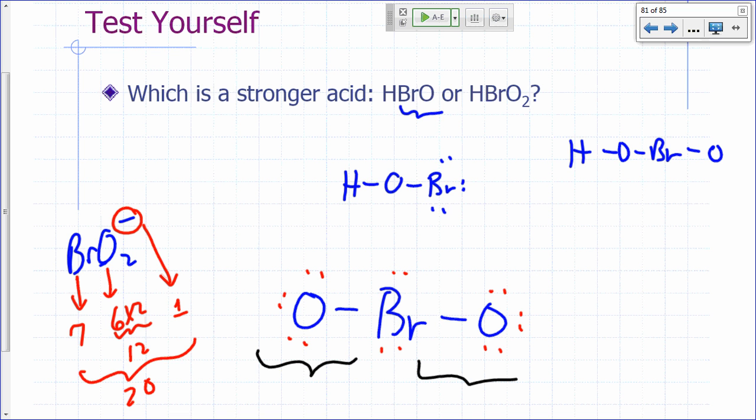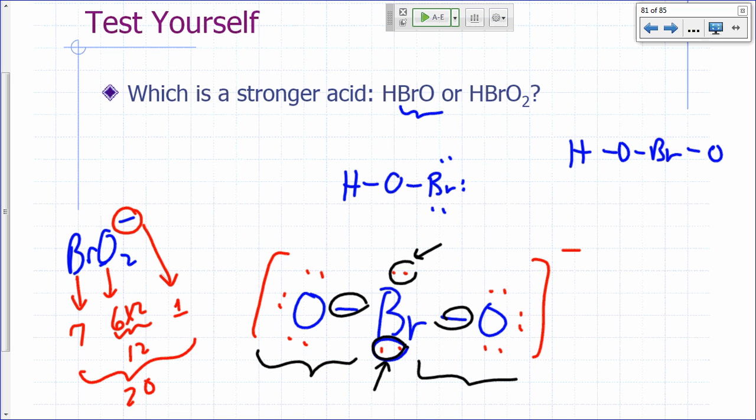What's the formal charge for bromine here? This is the charge of negative 1. What's the formal charge of bromine? How many does it appear to own here? It owns 2 lone pairs, and then half of the 2 bonding pairs would be 2 singles, so it appears to own 6.